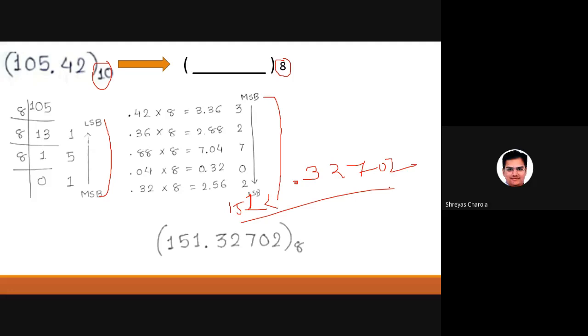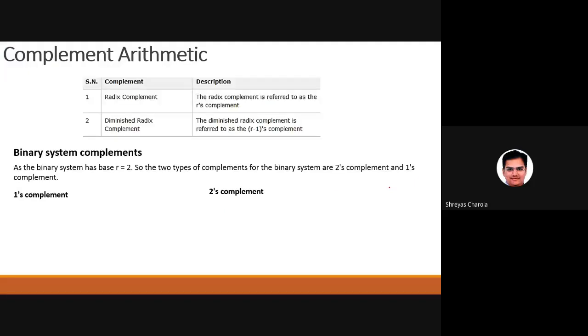Okay, so very good. Now let us have the next topic, which we call complement arithmetic. I hope everyone knows how to convert any number system into the complement method. It's like one's complement and two's complement.